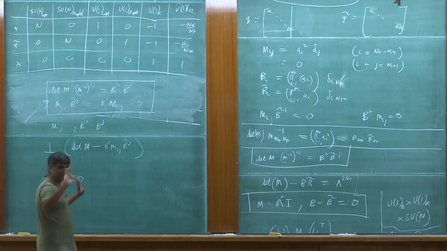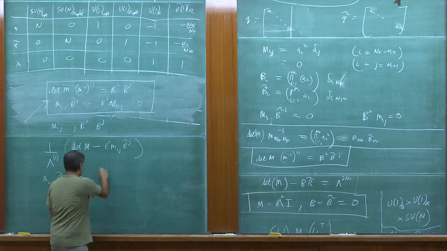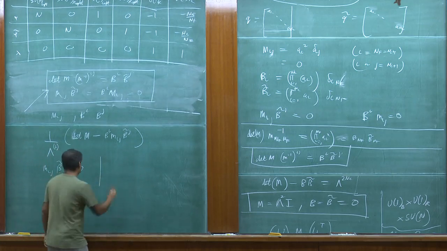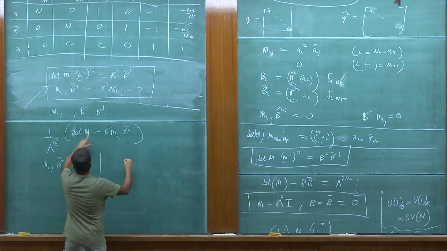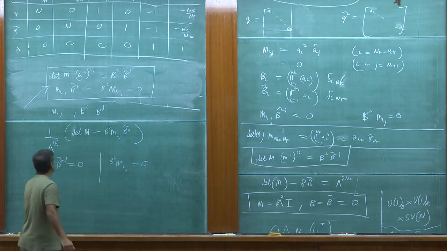Similarly, the F-term equation, you remember, all you guys are now experts on the mechanics of supersymmetry, right? So the F-term equation for B tilde tells us that M_ij B_i is equal to 0. What about the F-term equation for M?